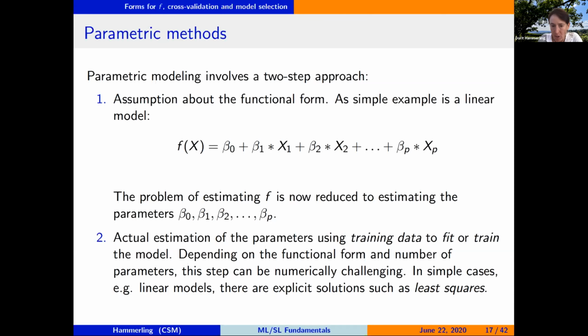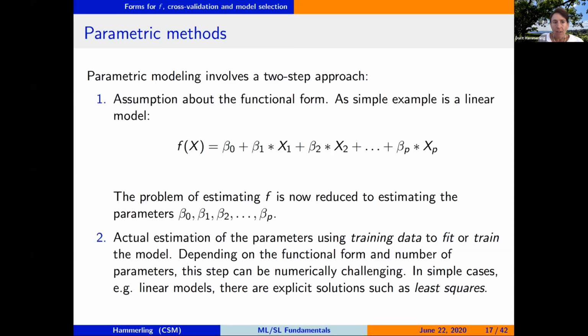For example, in deep learning, I think the real breakthrough was backfitting algorithms and this type of methodology that actually allows people to practically do this, and where you need a lot of computational power. In some very simple cases, there are actually explicit solutions, such as least squares. That means we have a mathematical solution that gives us immediately what these values are, in this case, in this linear regression model, what these values are for these betas here.